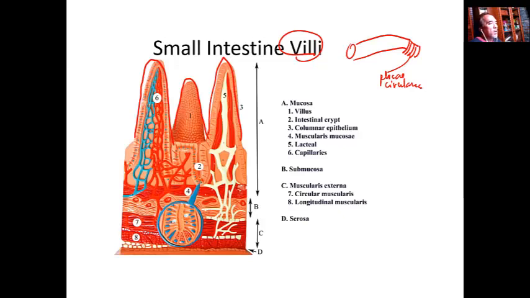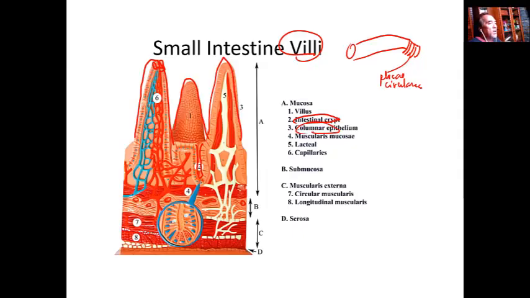And in the villi, you have the intestinal crypts, which are similar to the gastric pits, but the intestinal crypts mostly have mucus-secreting glands. And then the lining of the intestinal wall is called columnar epithelium.